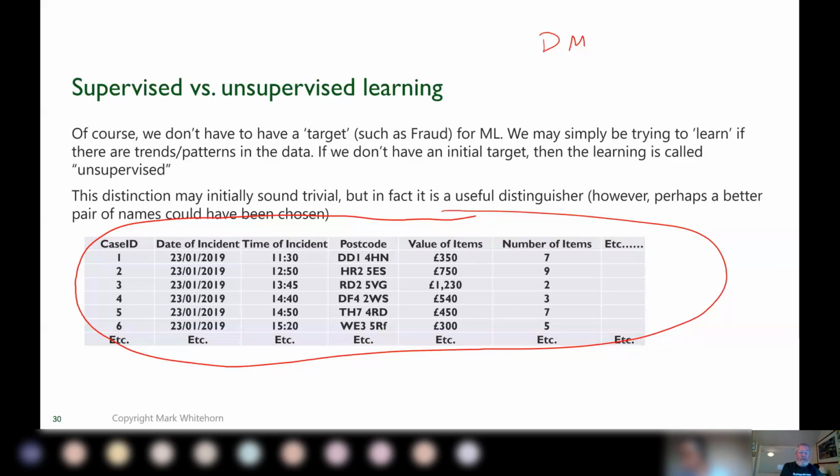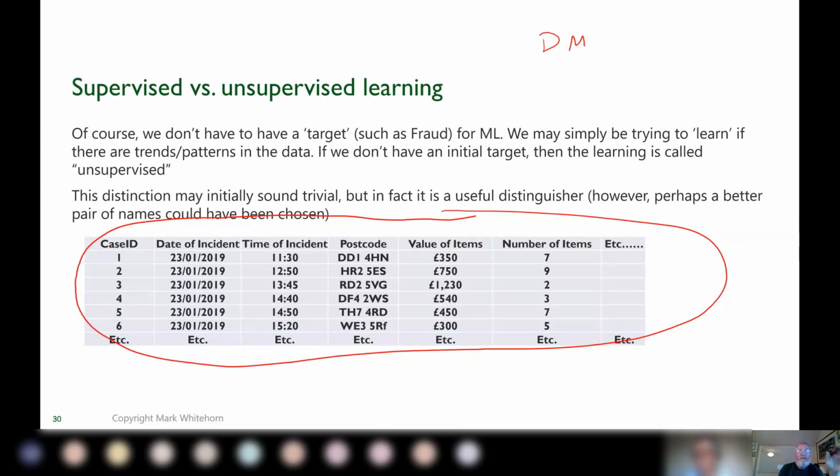A lot of incidents happen in Berkshire in the afternoon with female clients. I might describe those two groupings as type A and type B, and I might later say, here is some new data, is it type A or type B? So it's not supervised because I have no direct target I'm aiming at, but it's not data mining because I am actually using it to predict things in the future.